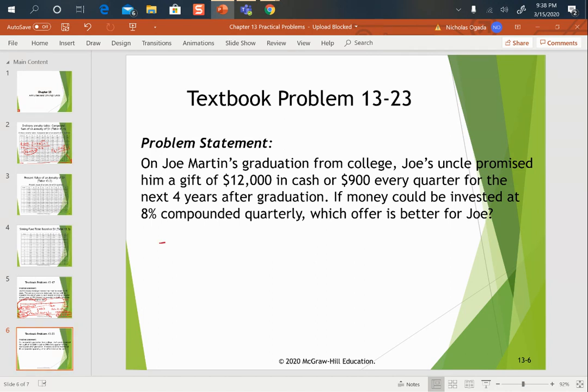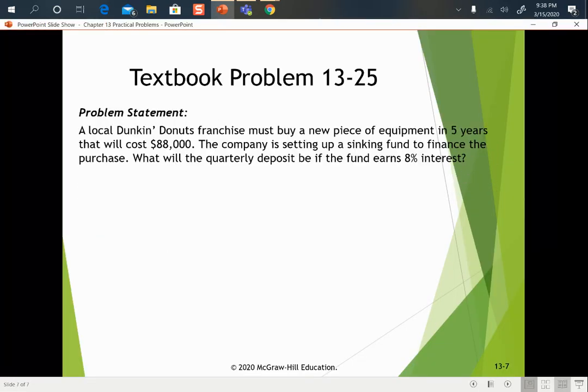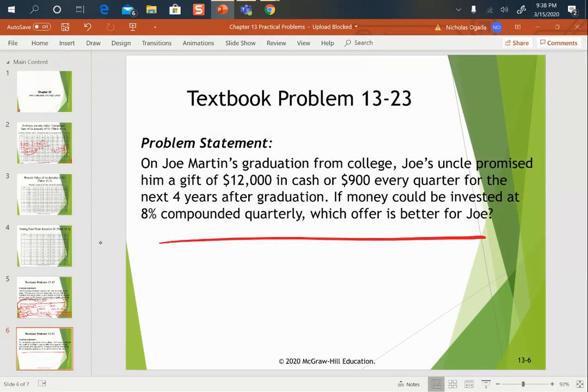Again, if I draw a timeline, you're being promised that when you graduate, you either get $12,000 at the time you graduate as one option, or you get $900 every quarter.